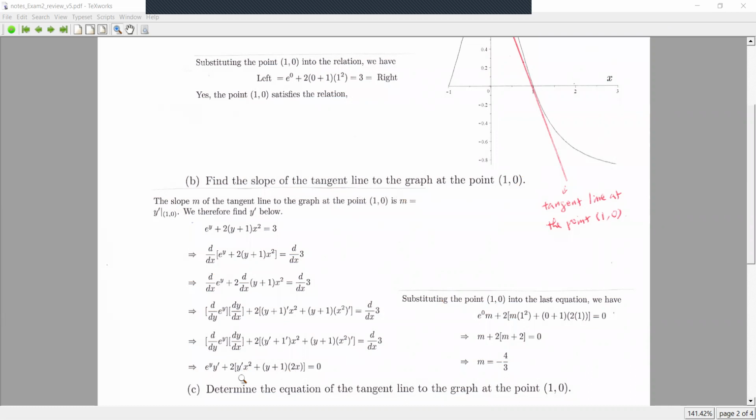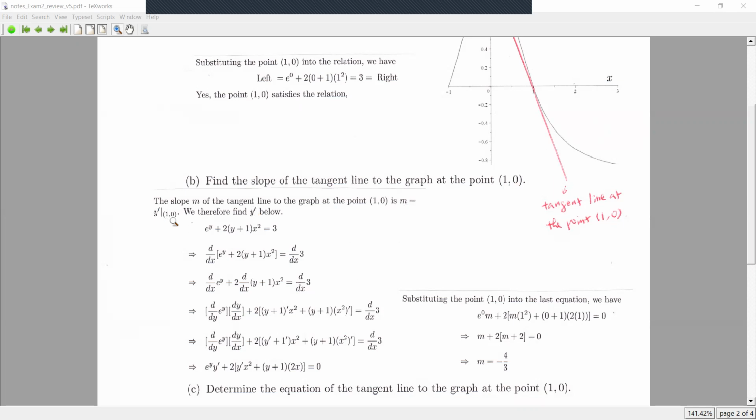We can directly plug in the point 1, 0 into this equation to get the slope of the tangent line. For the purpose, let me denote the slope of the tangent line by m. That is, m is equal to y prime evaluate at the point 1, 0.